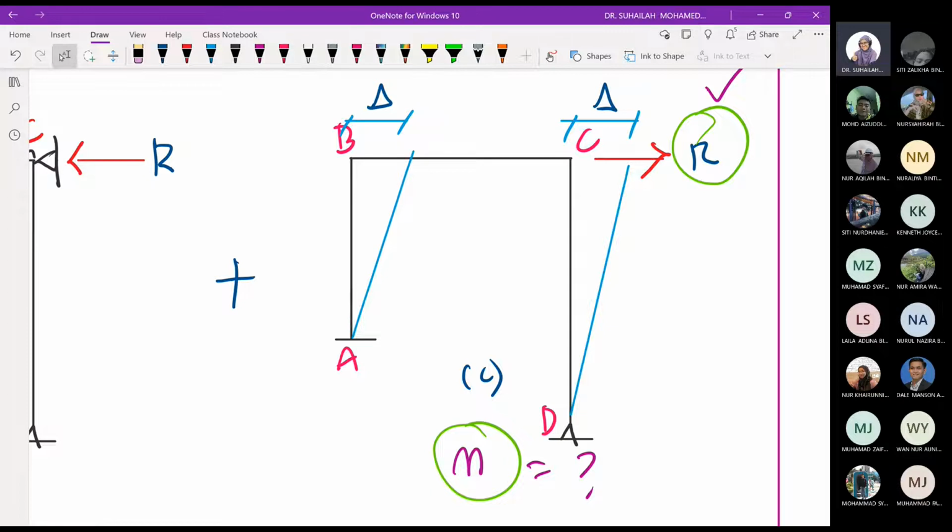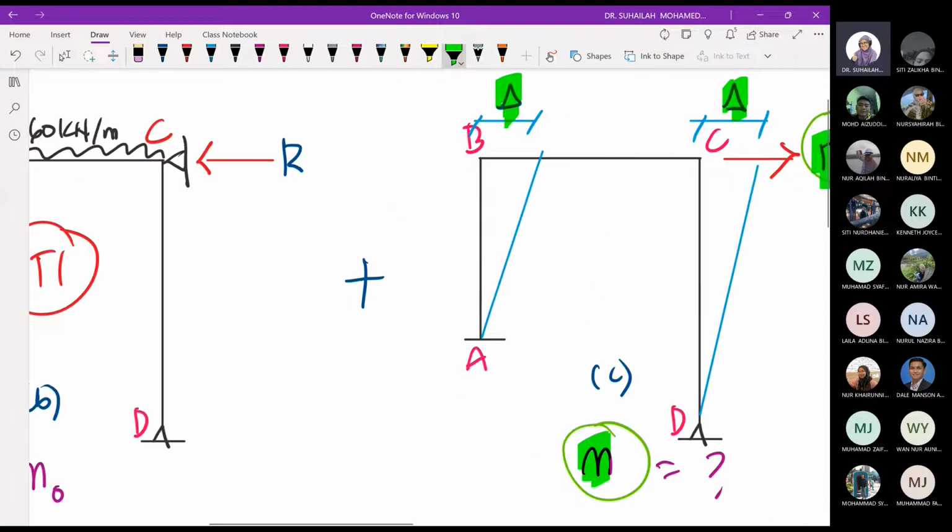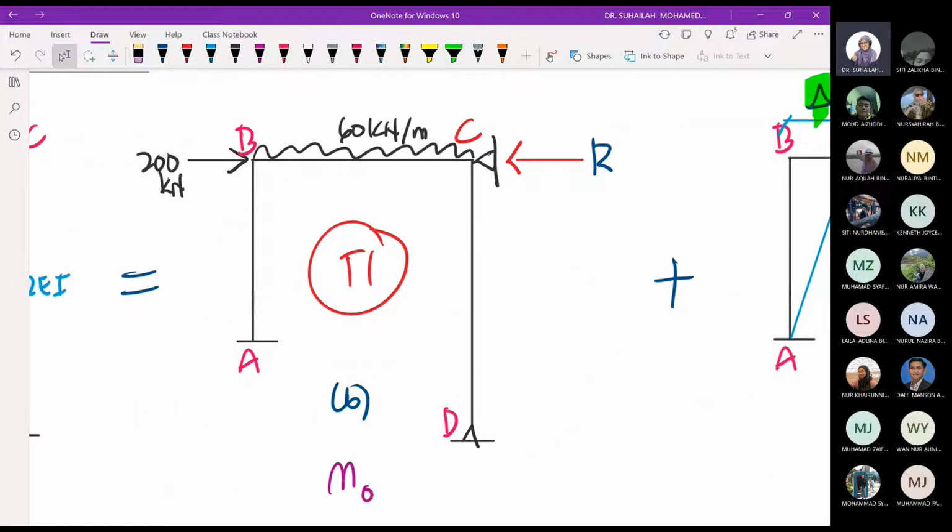And of course in this diagram C, it will have end moment, and the end moment due to R and due to delta is called M. For diagram B, due to external loading, we will calculate FEM, and from FEM we will do moment distribution in the table, and the moment that we get from this diagram is called M naught.